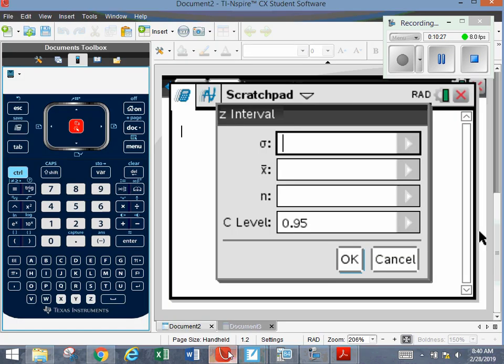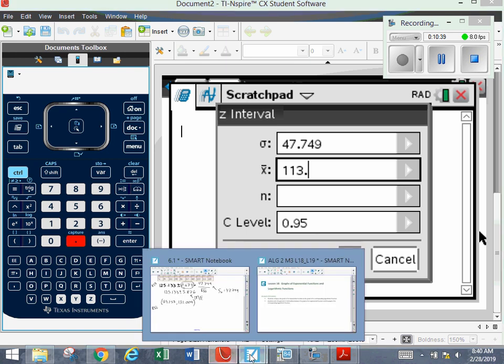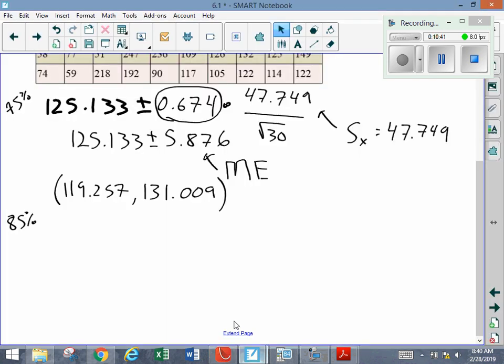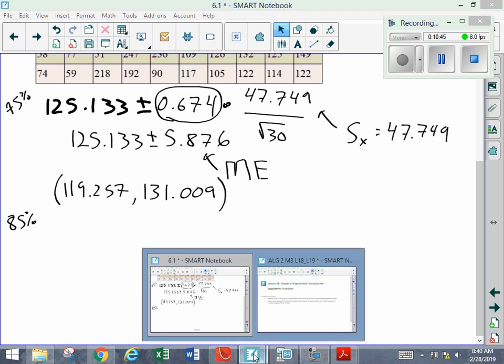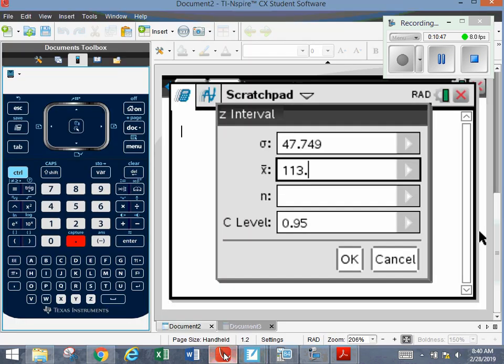47.749. X bar we said was 125.12. And N is 30.